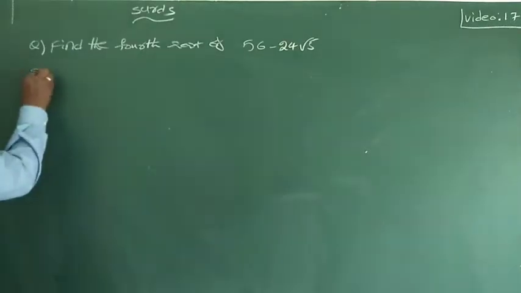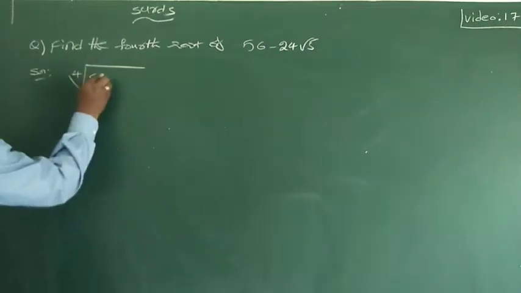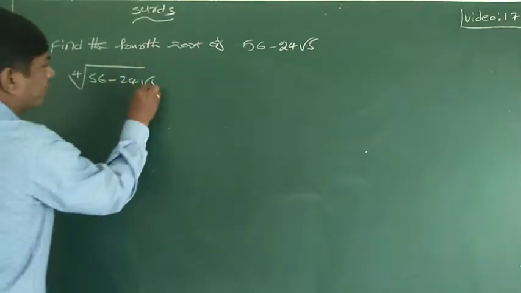Now see here, this is what we have to find out: fourth root of 56 minus 24 root 5.